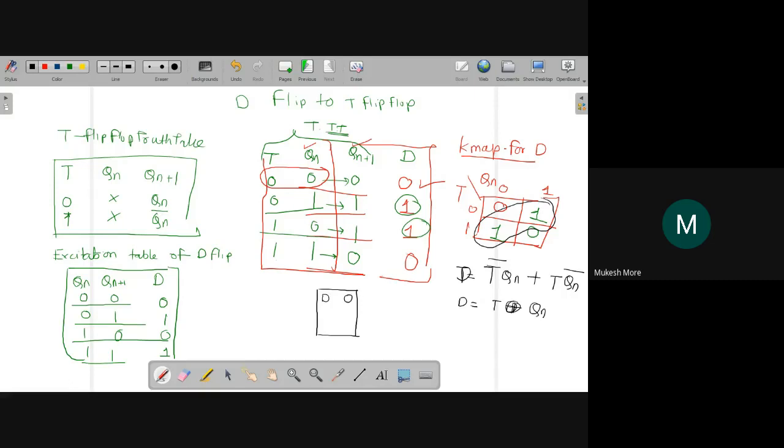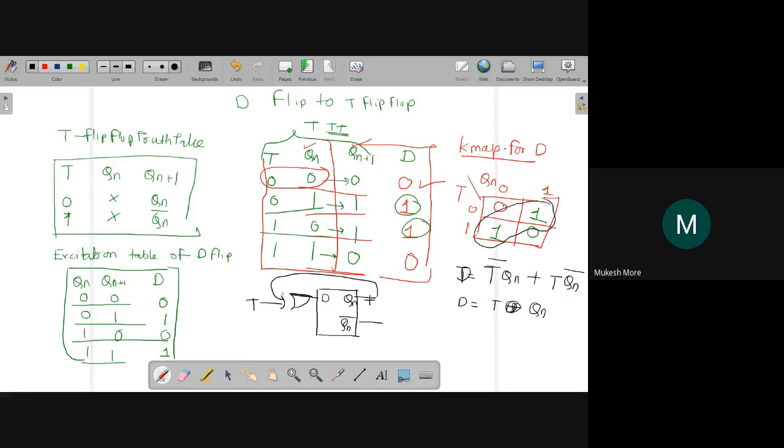Now we have D flip flop logic symbol. Okay. And Qn plus Qn bar, these are outputs. Okay. Now for the D input we have to XOR T and Qn.